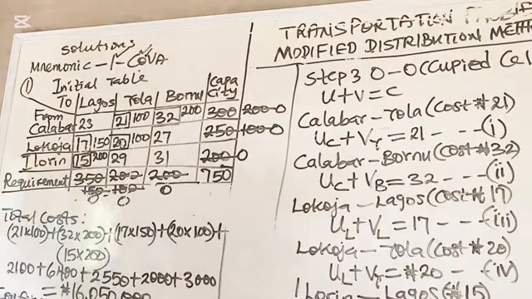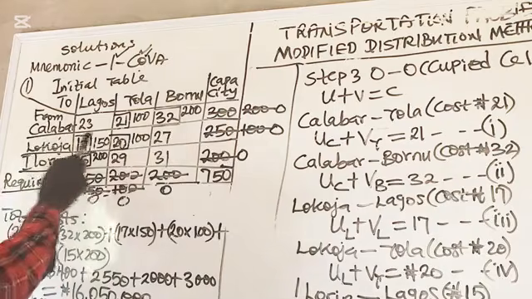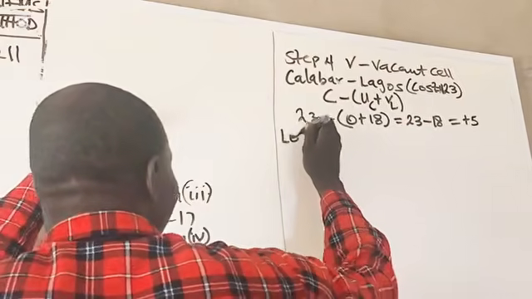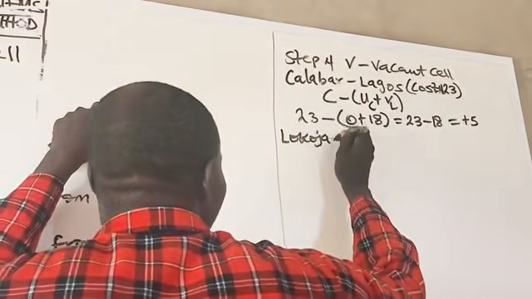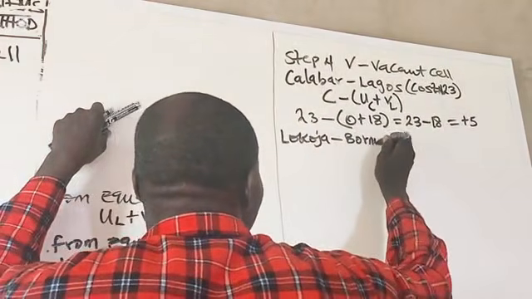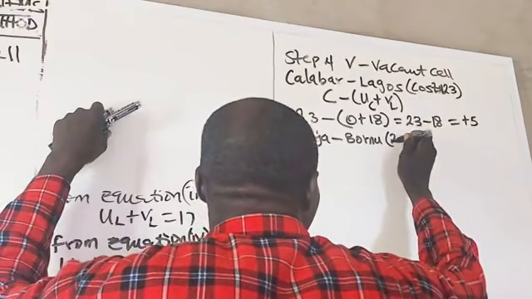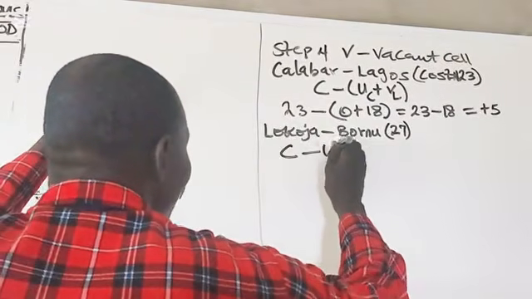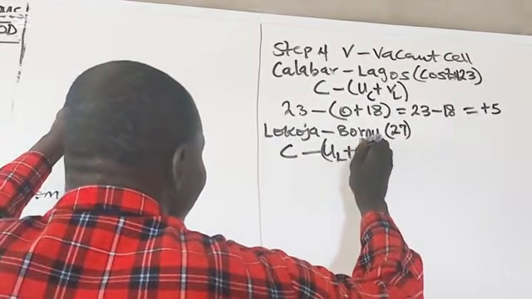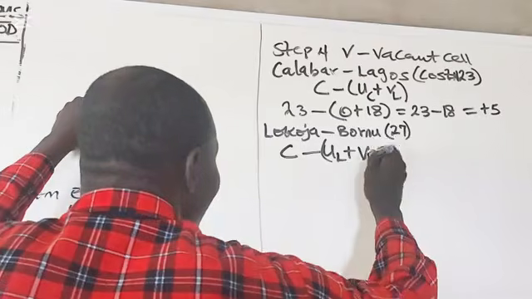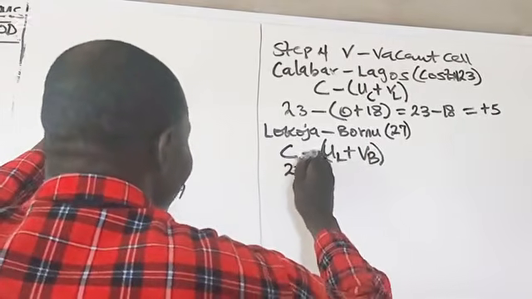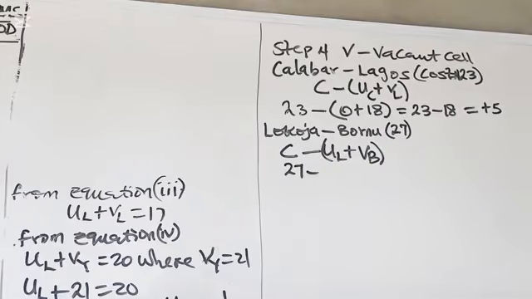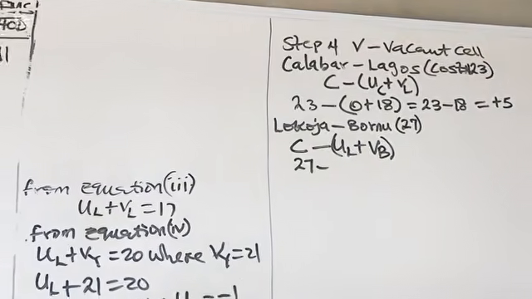The next vacant cell is Lokoja to Bonu, and the cost is 27 naira. So it is 27 minus, since we have Lokoja, UL plus VB for Bonu, what is the value of UL and the value of VB?